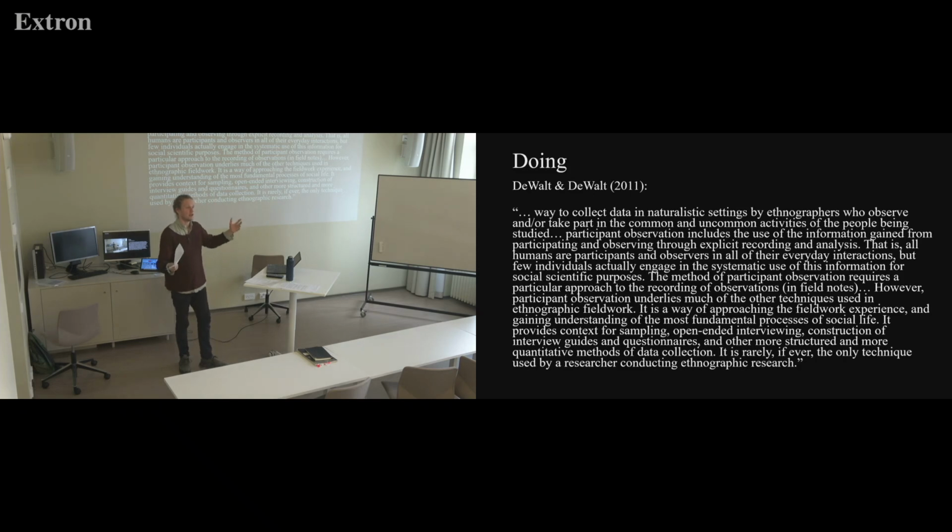So basically the mundane and the exceptional. Participant observation includes the use of information gained from participating and observing for explicit recording and analysis. That is, all humans are participants and observers in all of their everyday interactions, but few individuals actually engage in the systematic use of this information for social scientific purposes.